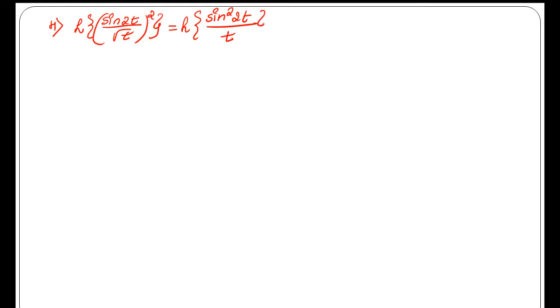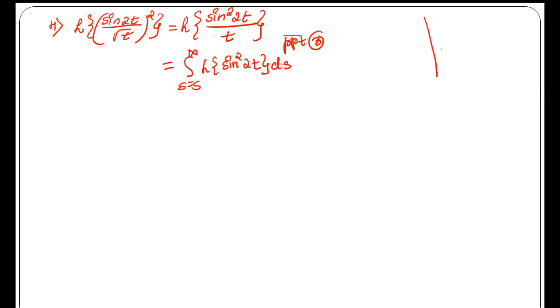Square and square root get cancelled in the denominator, so we'll get t. Now we can apply property number 3. Apply property 3, that is the integration from s to infinity of the Laplace transform of the numerator, that is f of t, sin square 2t, with respect to s.